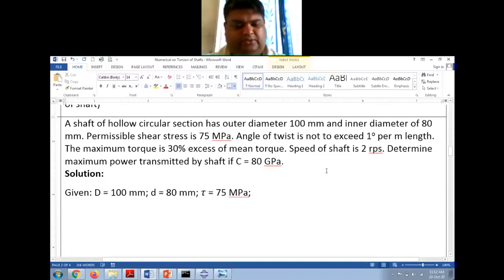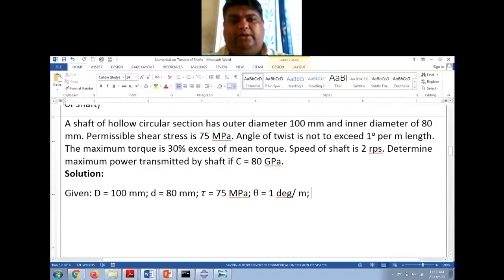Angle of twist, that is theta, is equal to 1 degree per meter. Right? What else is given?